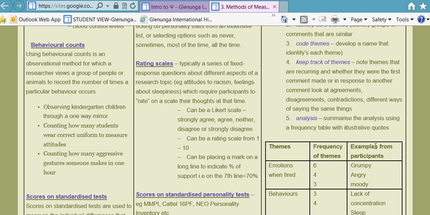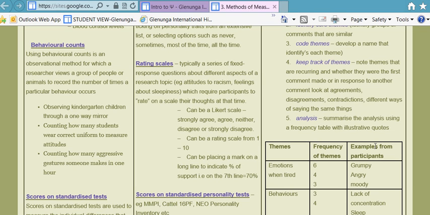For example, counting how many students wear the correct uniform and how many do not, to comment on the attitude of the students towards obedience to the norm of the school. It's a very powerful instrument. Few students don't wear the correct uniform in Glenalga.